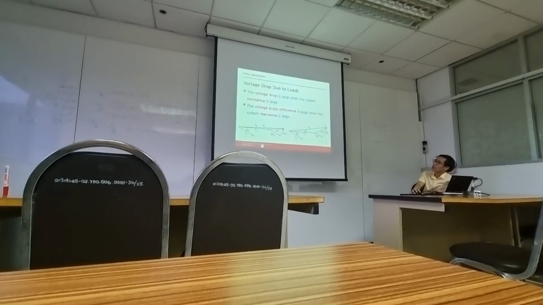The voltage angle difference δS will be large when the reactance is large. When X is very large, you can see that it has a lot of effect on the angle. Okay, any question?